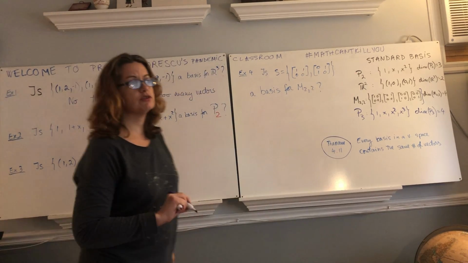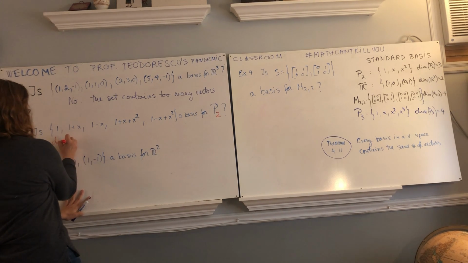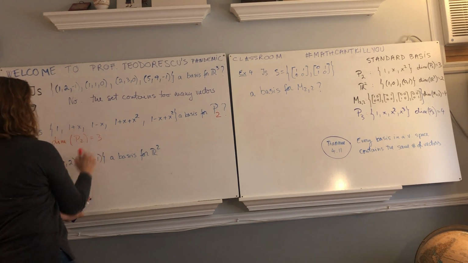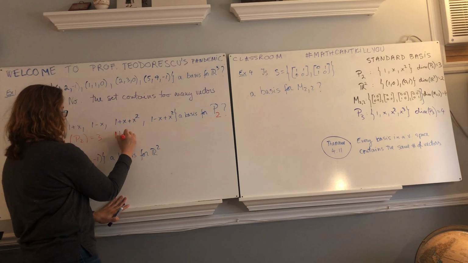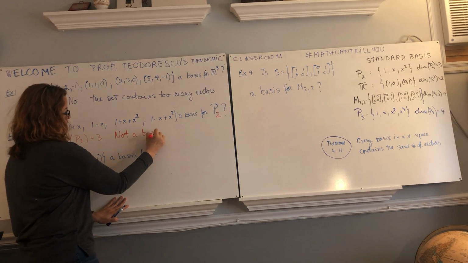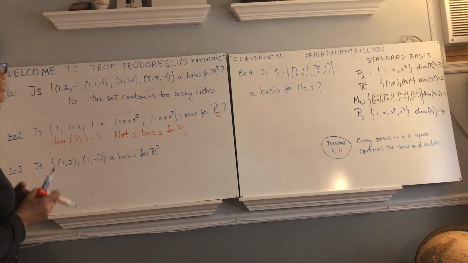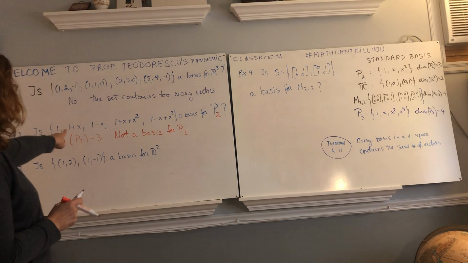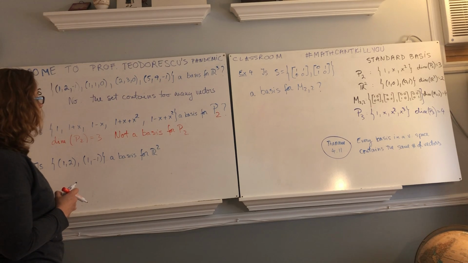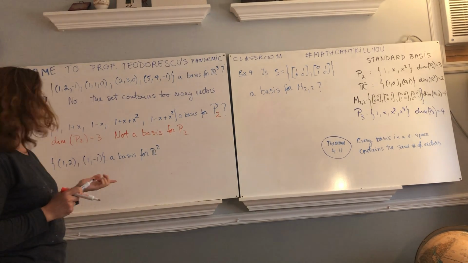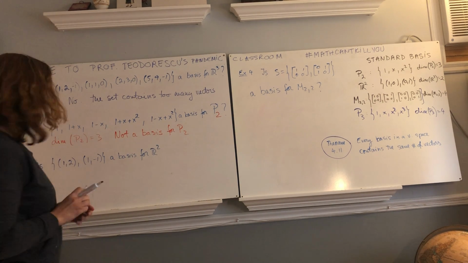The dimension of the vector space P2 is 3, this set has more than 3 vectors, and so it is not a basis for P2. Would it be a basis for P3? It would not, because it doesn't contain any term of degree 3, so it would not be able to span P3. I'll show you how to determine what vector space a set generates in the next video.